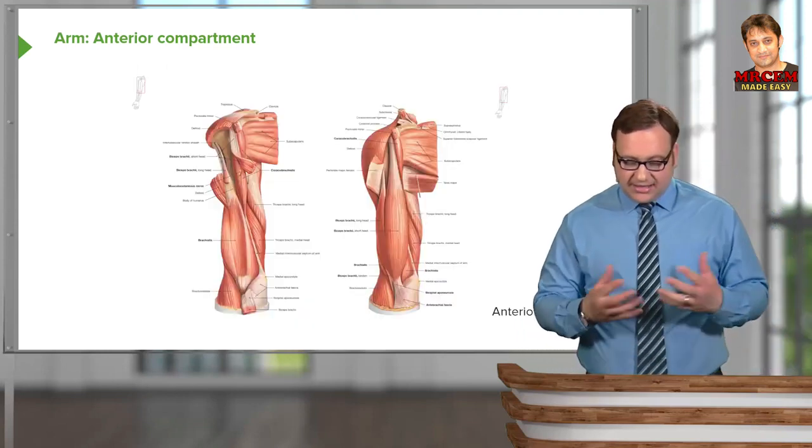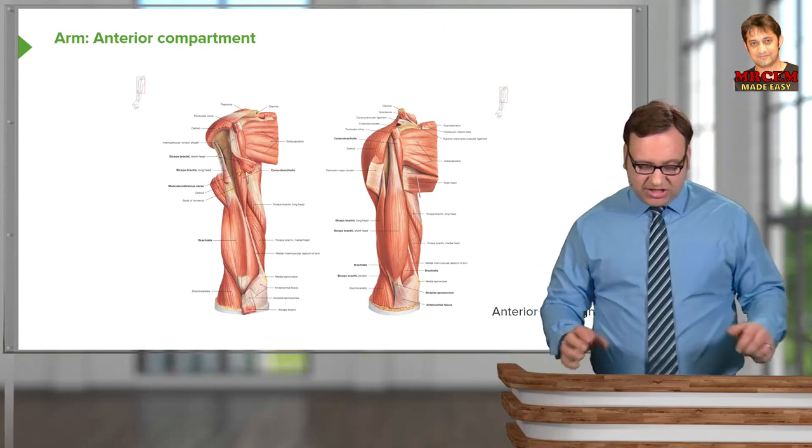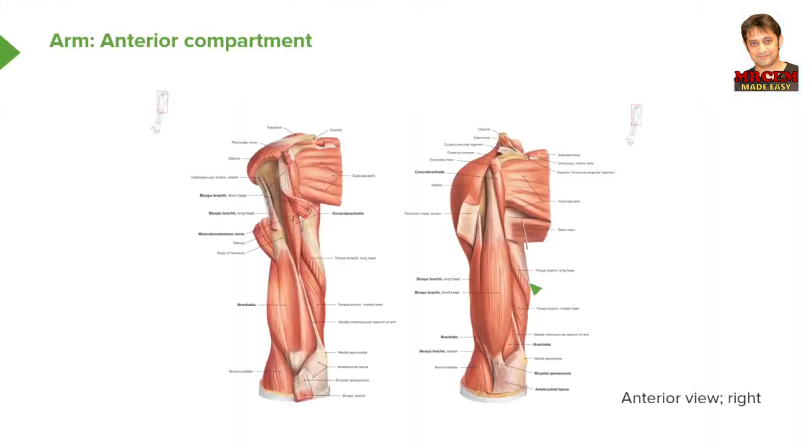If we look at these in a bit more anatomical position, then actually to see these muscles we need to remove deltoid. On the slide at the moment we've got an anterior view of the right arm with deltoid in position. We've also removed deltoid on this picture, and by removing deltoid we can then see the position of the long head of biceps here.